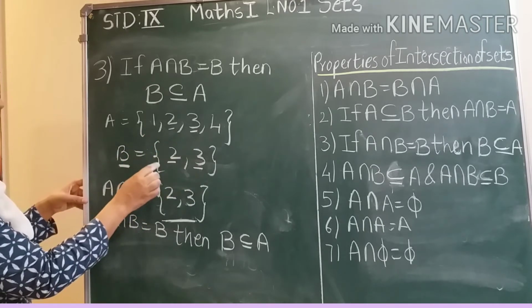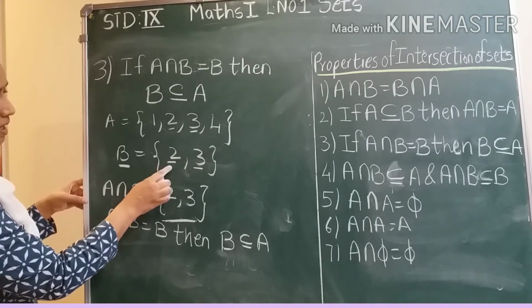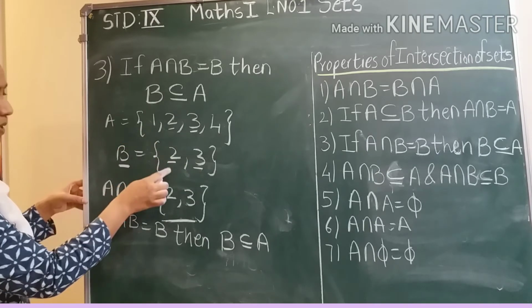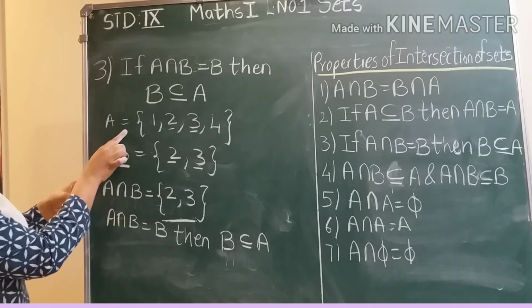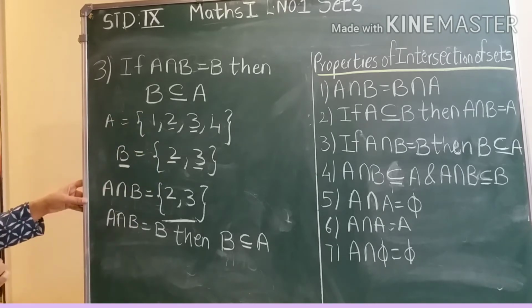What is a subset? All the elements of set B are present in A. So B is a subset of A. Thus we have proved this property also.